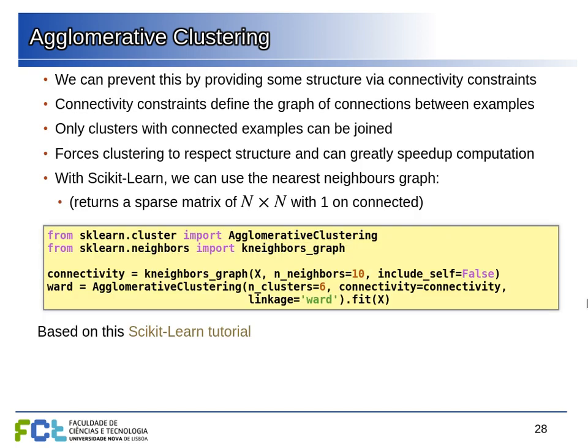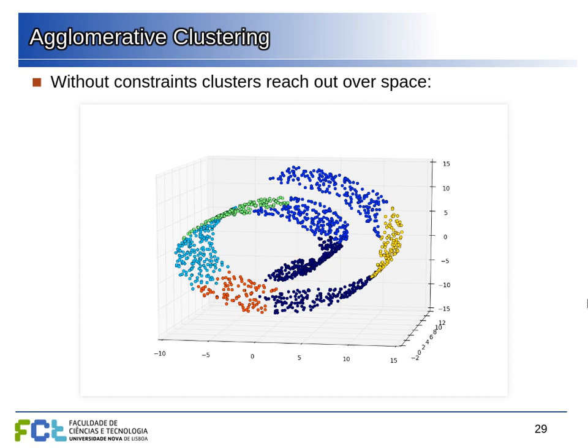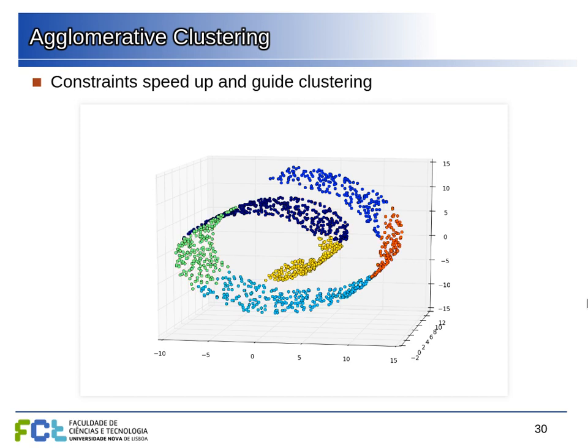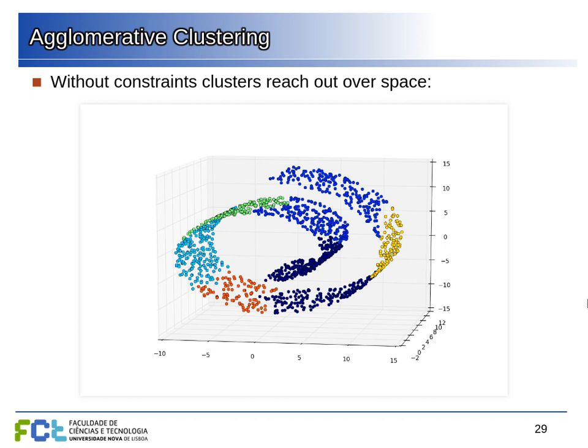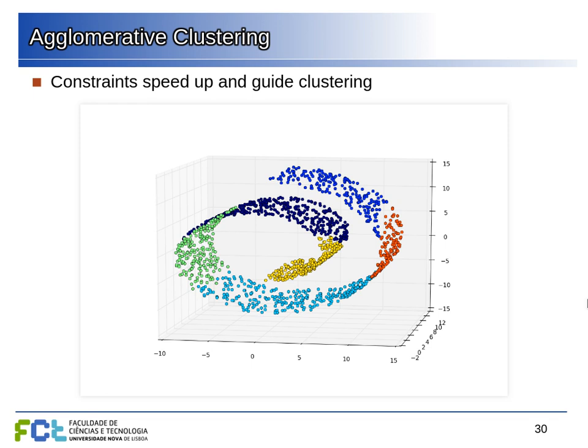Okay. So the difference is these kinds of groups here no longer exist if we add the connectivity constraint.